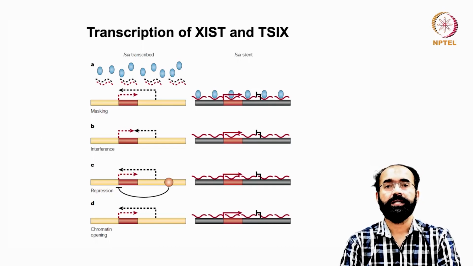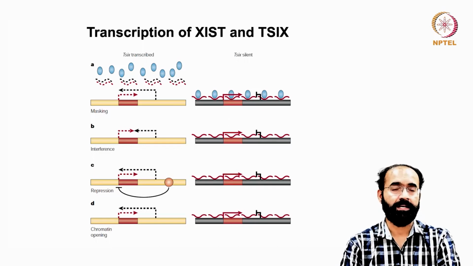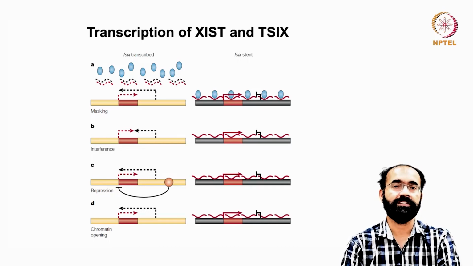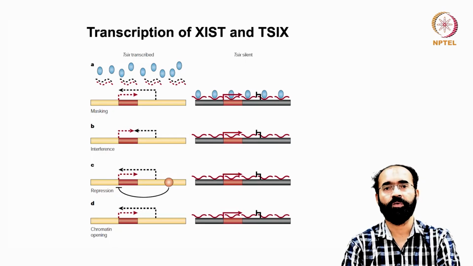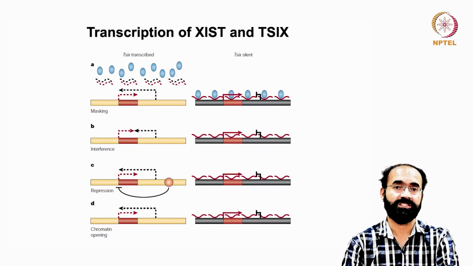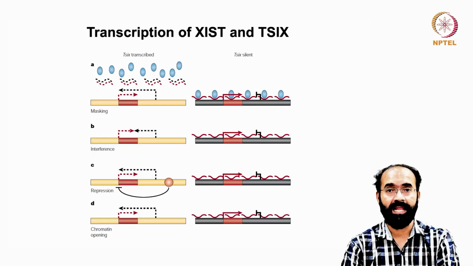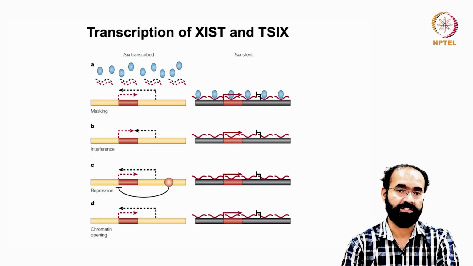And one more thing is that in a given cell, if either the paternal or the maternal one is inactive, it will continue throughout the lineage. If that cell gives rise to 2 cells later and 2 becomes 4, in their continuous lineage it is not going to be reversed. It will continue as long as the organism or that cell is alive. It is not going to get reversed.